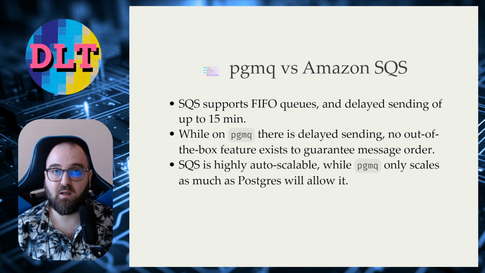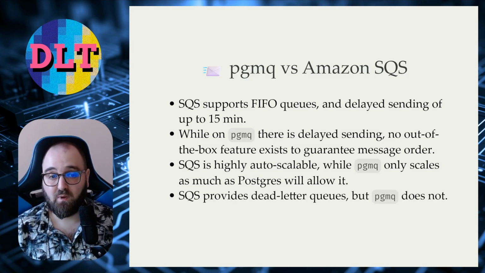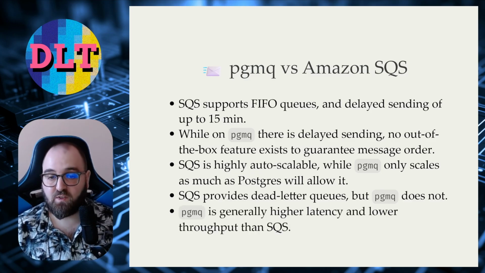SQS is highly auto-scalable, as is frequent with cloud services, while PGMQ only scales as much as Postgres will allow it, which is not bad at all. SQS provides dead letter queues, but PGMQ does not. And PGMQ is generally higher latency and lower throughput than SQS.